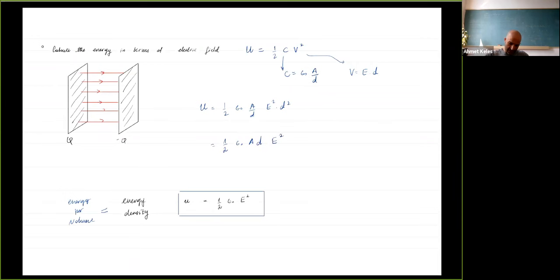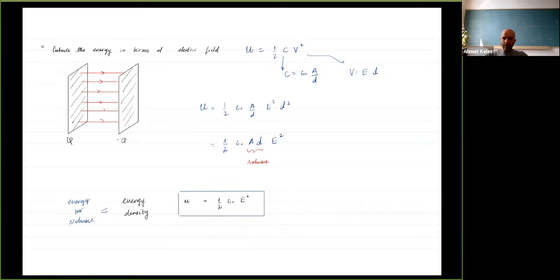And this thing here is area times the distance, which is volume. So if I define something like energy per volume, I divide both sides by the volume. So you get energy density, which is the energy per unit volume. It's a nice quantity, right? u is equal to 1/2 epsilon naught E squared.